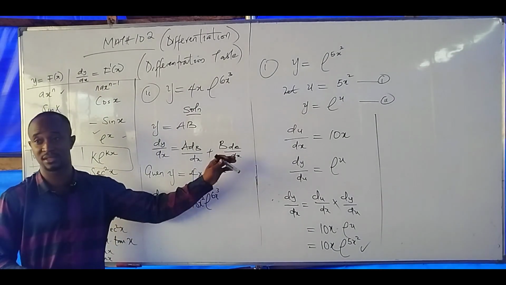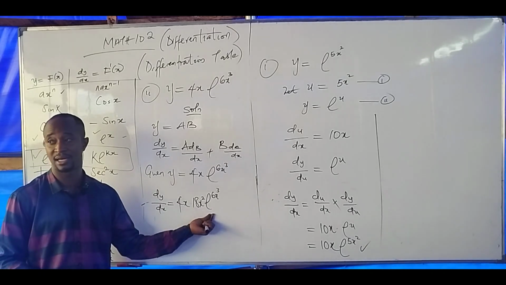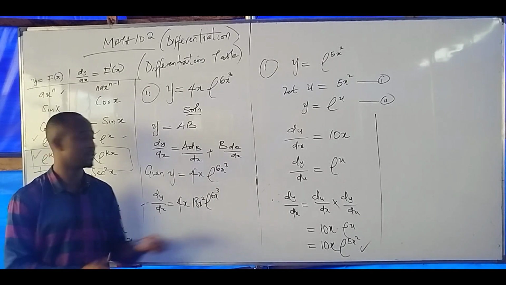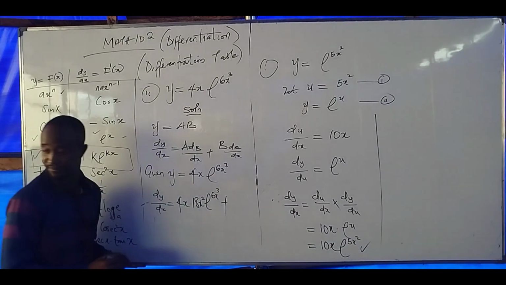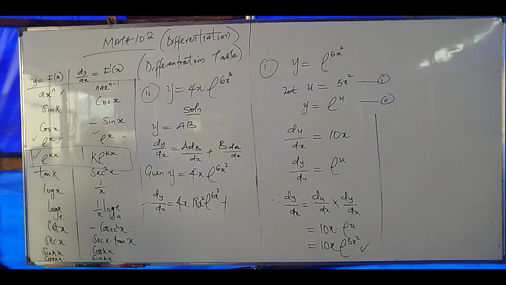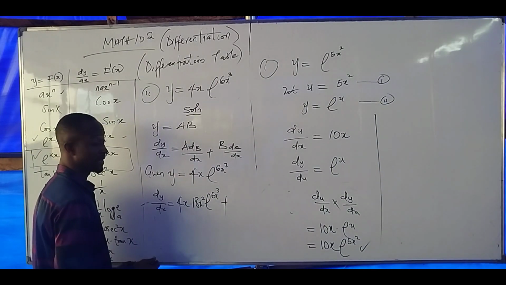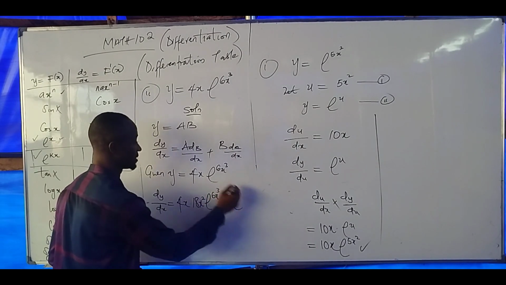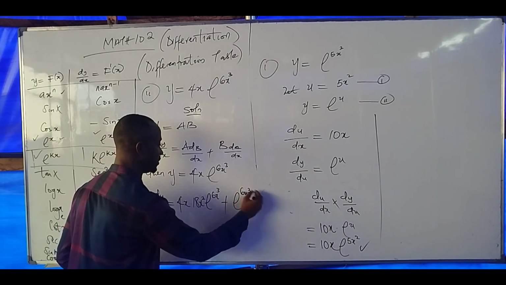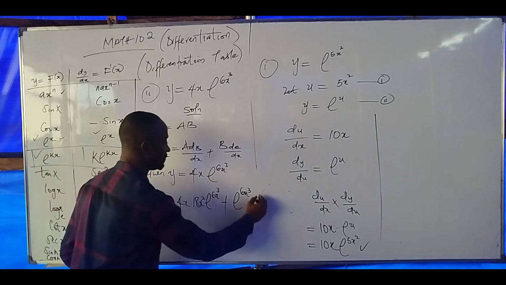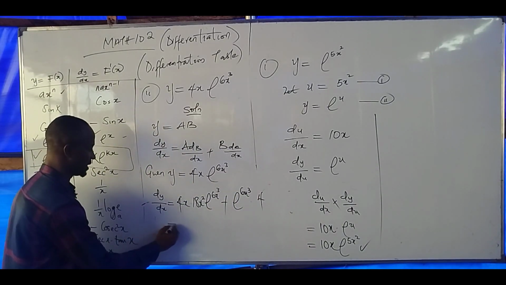Are you seeing the shortcuts? How we apply this here? Are you following? Plus, keep one constant now: exponential 6x cubed. Differentiate 4x. What do you have? 4.